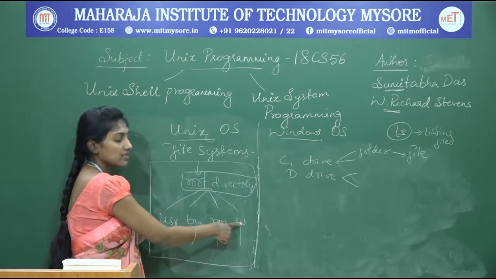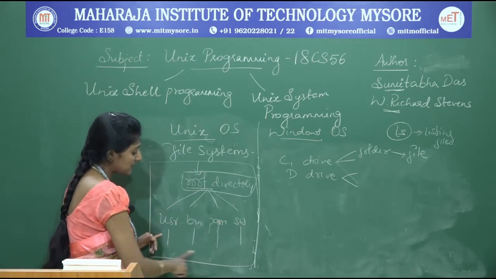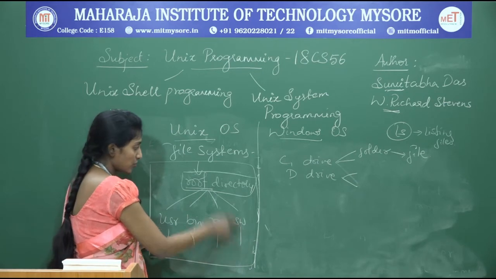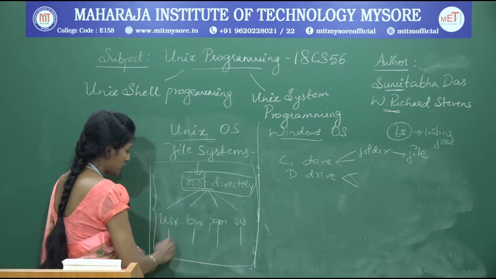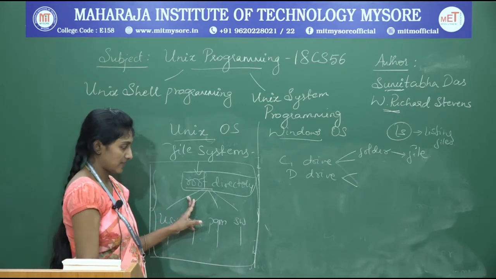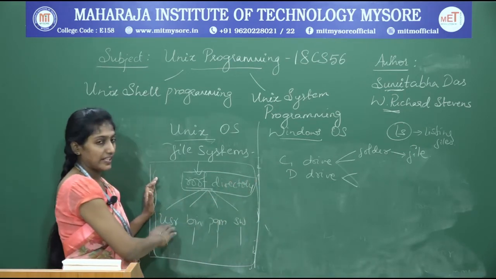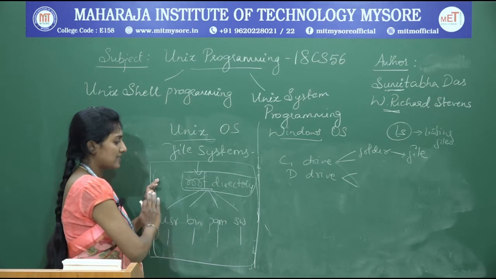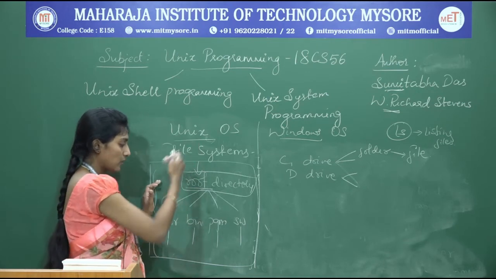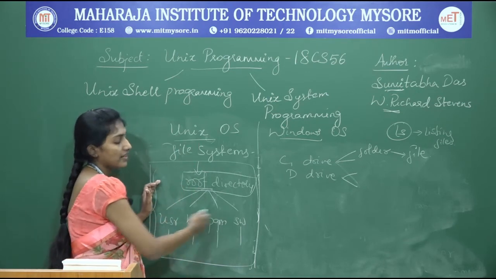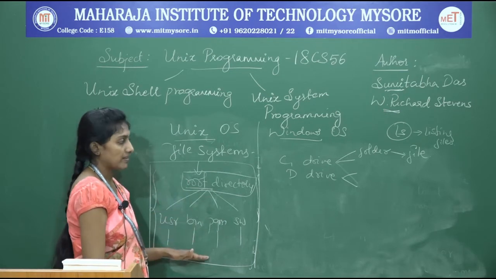Under that we have subdirectories, and under those we have files. So this is how the organization of the file system in the Unix operating system is. It does not include any C drive or D drive like that. Instead, under one system directory, all the files get placed hierarchically.